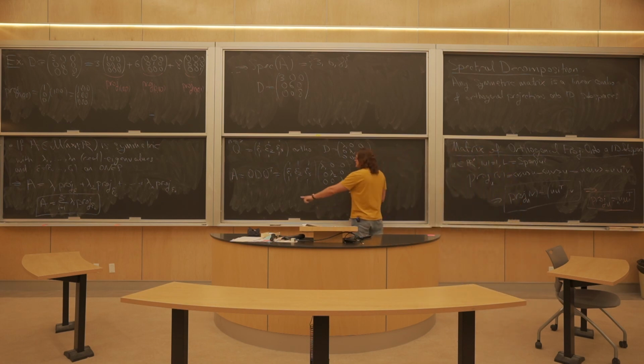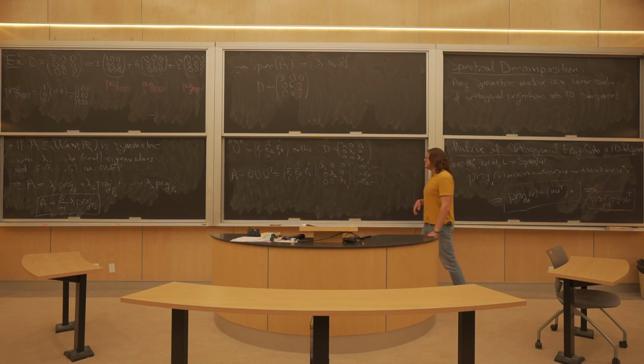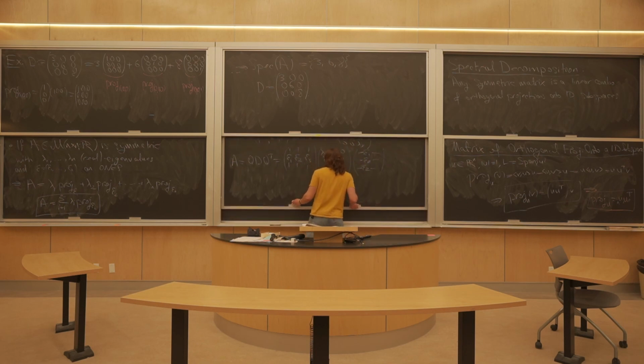Now, this is going to be a 3 by 3 matrix whose columns are lambda i times epsilon i, right? Because I'm just multiplying things. So here, lambda 1 times epsilon 1, lambda 2 times epsilon 2, and then lambda 3 times epsilon 3. Like this.